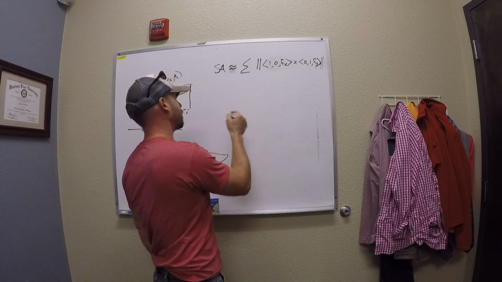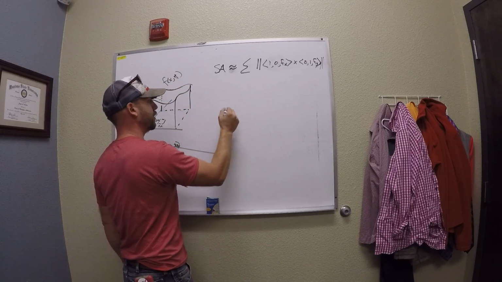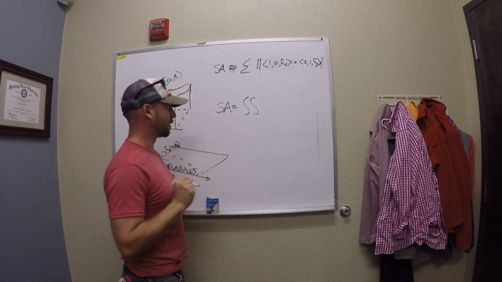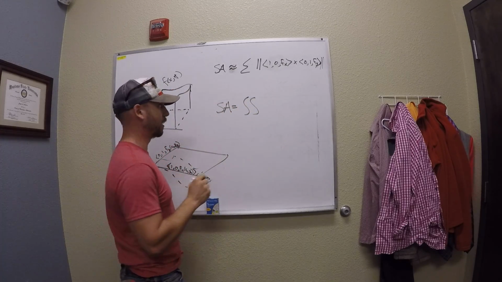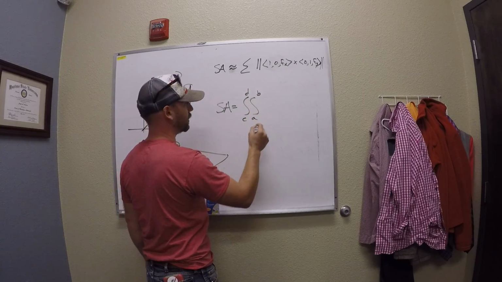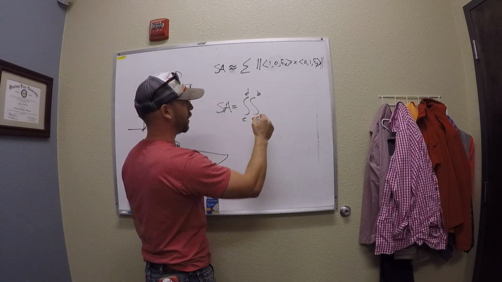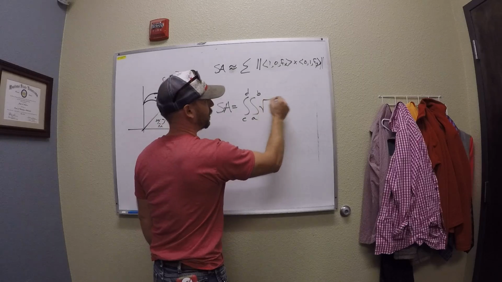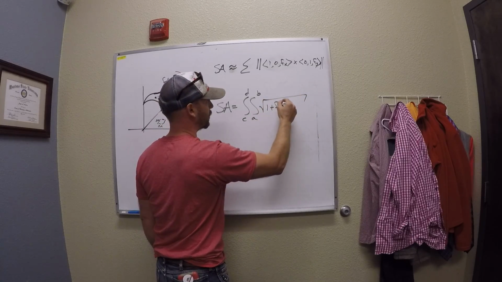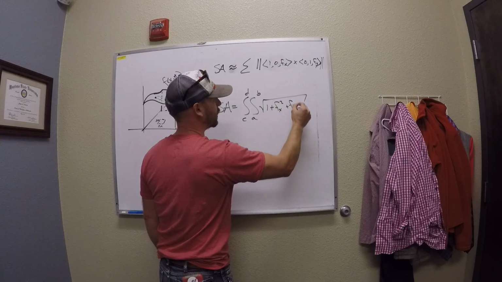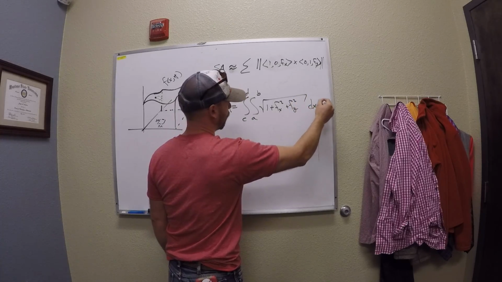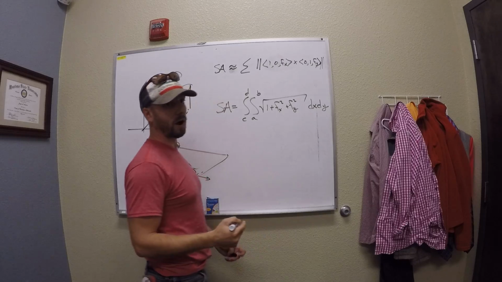And if I calculate this cross product and then take a limit, you get this idea that you need to double integrate over a to b in the x's and c to d in the y's. It ends up being the square root of 1 plus fx squared plus fy squared, and I'll just write dx dy.